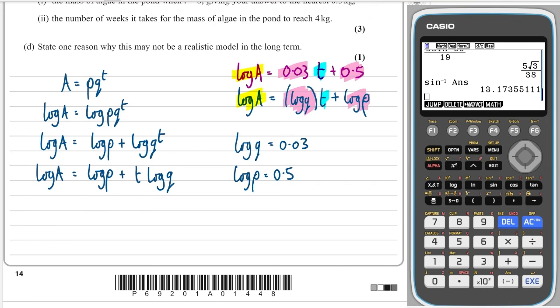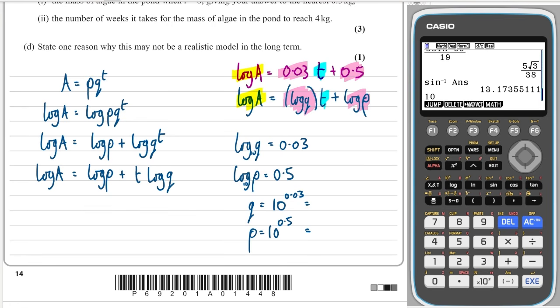Now, just a quick reminder, these are all in base 10. So really I should have written log base 10 down there. And to remove a log base 10, I need to take all of these values as powers of 10. So I can say that Q is equal to 10 to the power of 0.03, and P is equal to 10 to the power of 0.5.